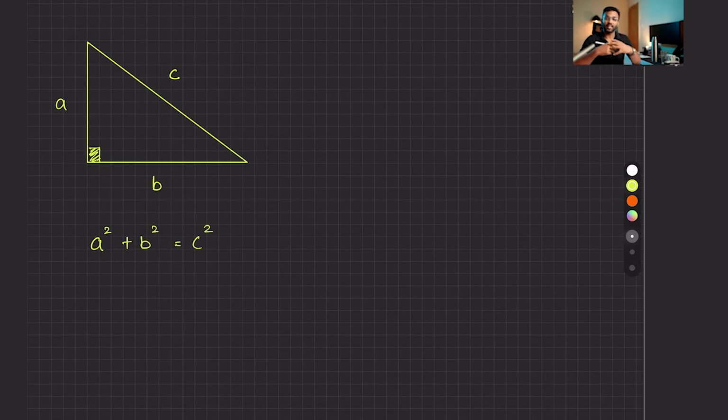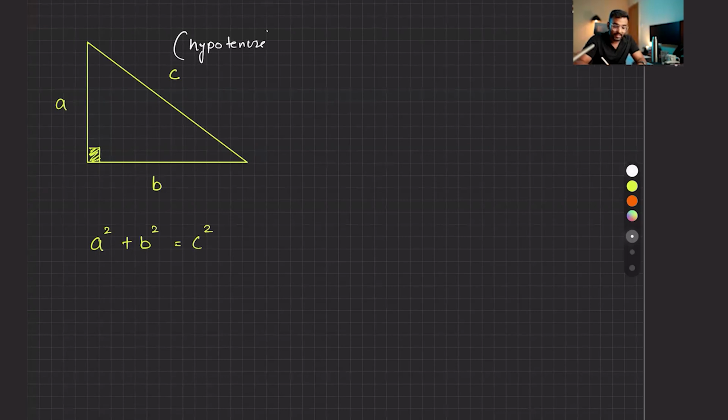Simply put, Pythagoras can be explained in your own words: the sum of squares of the two sides of a right angle triangle is equal to the square of the longest side. This longest side has a specific name. Who can tell me what it is? Olivia, very good. You got the naming. It is, everyone, hypotenuse.